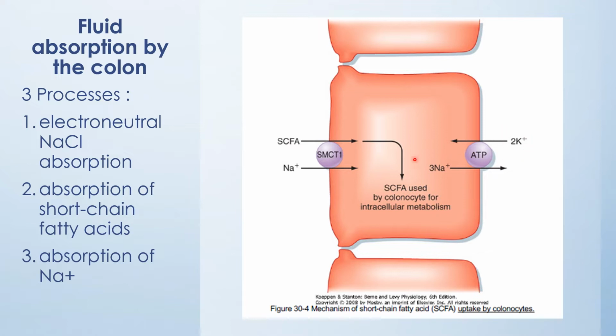So sodium will decrease because the sodium-potassium ATPase pulls out sodium by bringing in potassium, thus creating a low sodium cell, and it will now drive the absorption of your short-chain fatty acid along with sodium through your SMCT1 transporter. So these short-chain fatty acids are used for energy by the colonocyte.